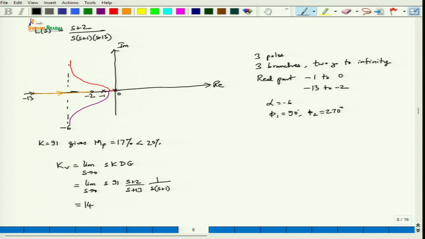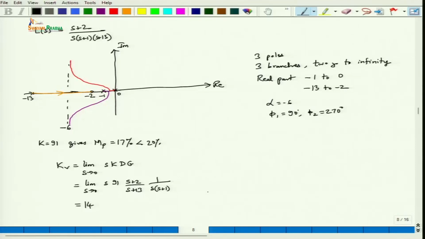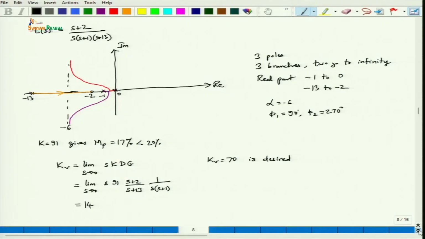Now, suppose that based on our steady state error specifications, we want this Kv to be 70. So, the desired value of Kv is 70. How do we go about that? Do we change the entire lead compensation or change the pole and zero locations?